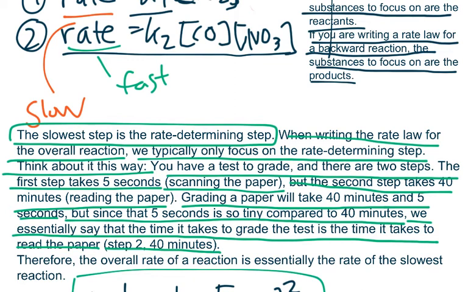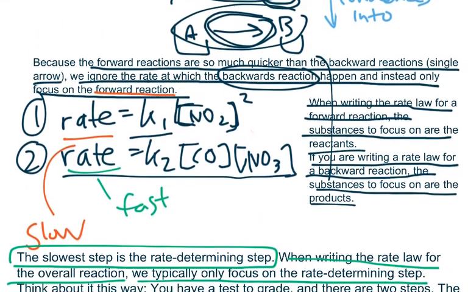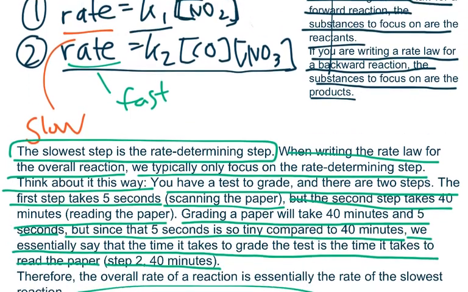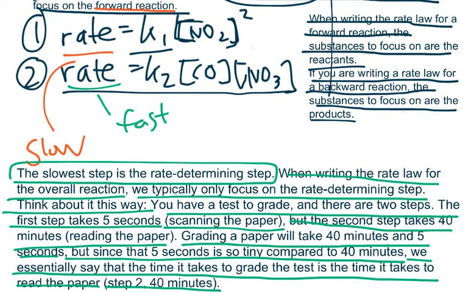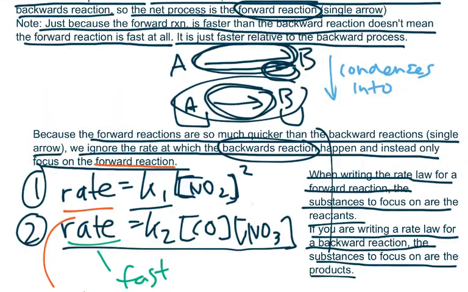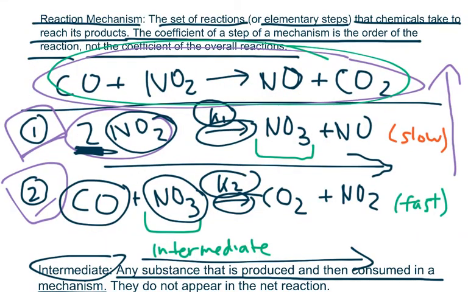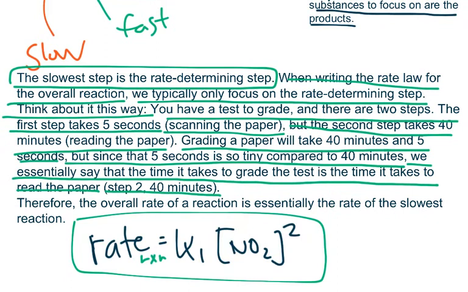So we have to do the same thing here. We have to look at the slow reaction and base the reaction rate of the overall reaction on that slow step. According to the problem, step 1 is the slow step. So we have to focus on the rate law for the slow step, and that rate law will be the rate law for the entire reaction based on our assumption we just made.